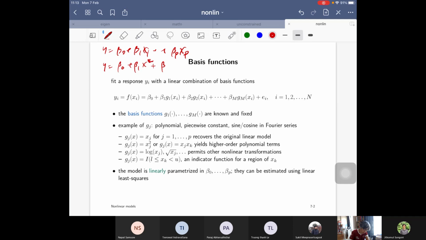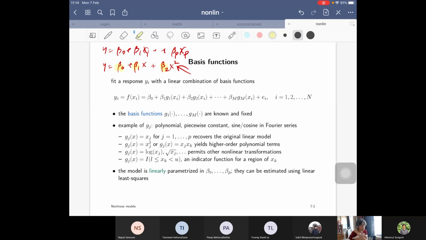Which means the second term is beta 1 x, the third term is beta 2 x squared. So in this example, this is a polynomial function in x which is nonlinear, but it still fits the framework of linear least squares, because this representation is linearly parameterized in the regression coefficients.